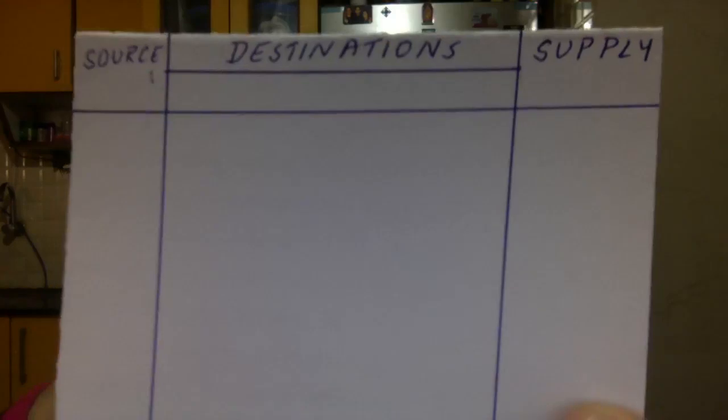Now I will start drawing the rows. Underline only the destinations first, and then underline the entire table. I mean, make a row.